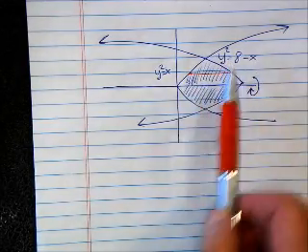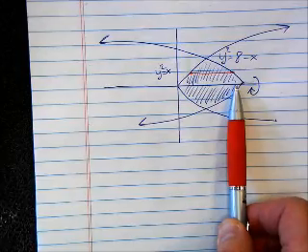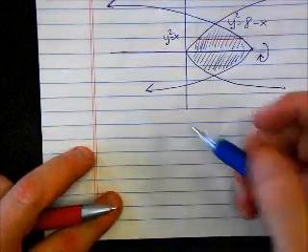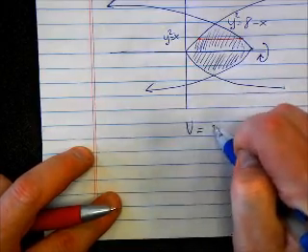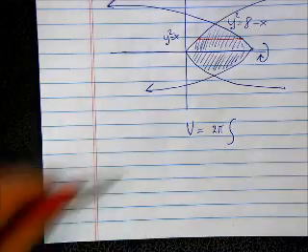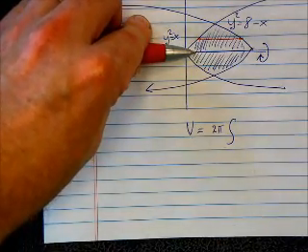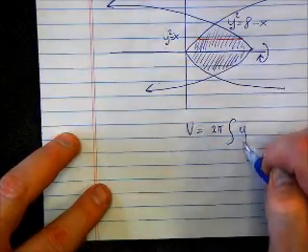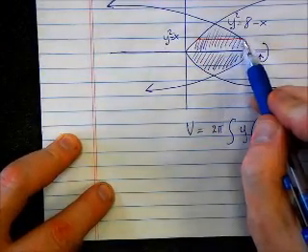Because my strip is parallel to my line of revolution. Absolutely. So my answer would be volume is 2 pi times the integral. What's my radius? My radius is the distance from there to there. That's y. Times the right function.